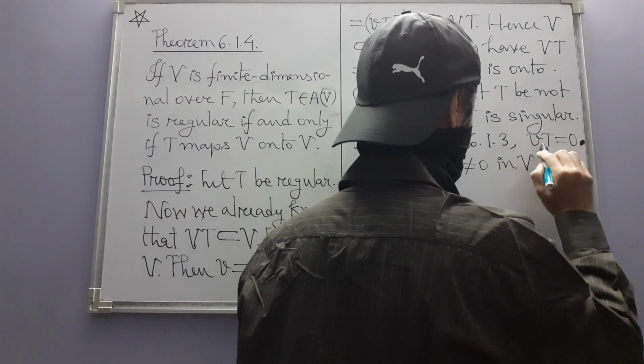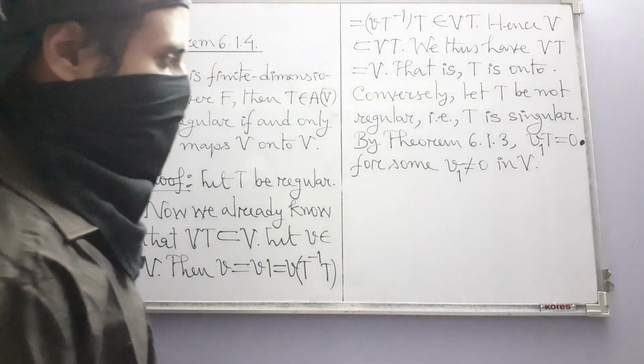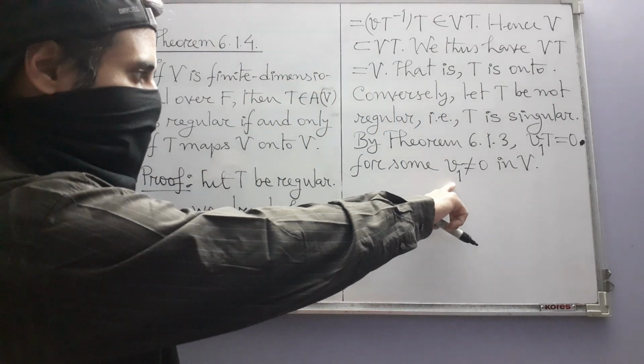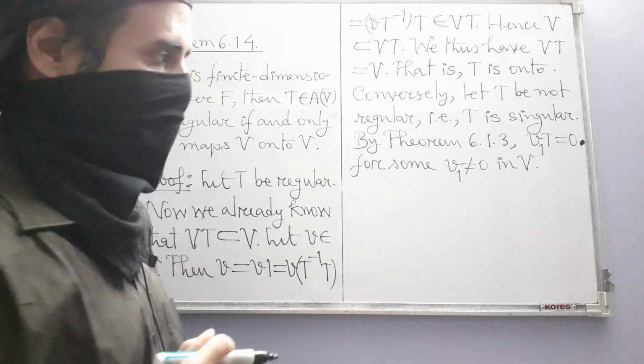Well, let us call this v1 because we are going to find this as an element in a list of some possibly other vectors.